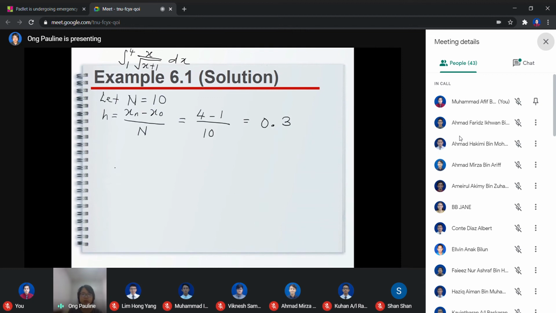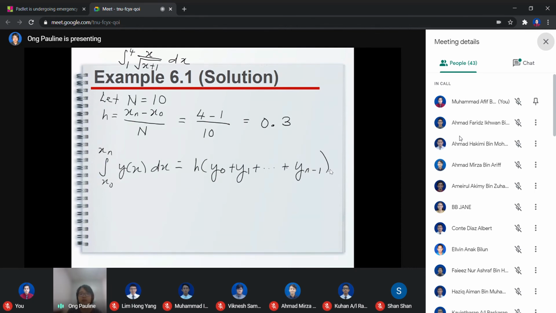So I know that for the trapezoidal rule, this is the equations that I have. All right. I will prefer to solve it by using table form. So now let us develop the table for the trapezoidal rule.